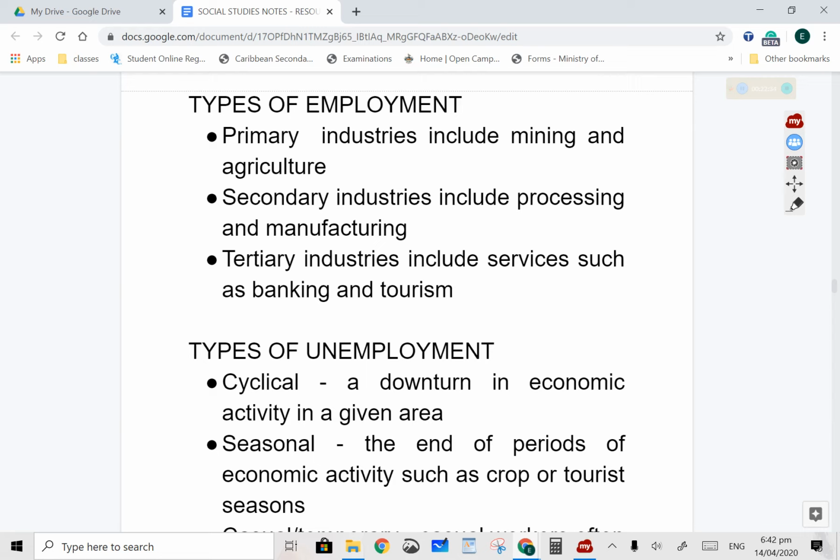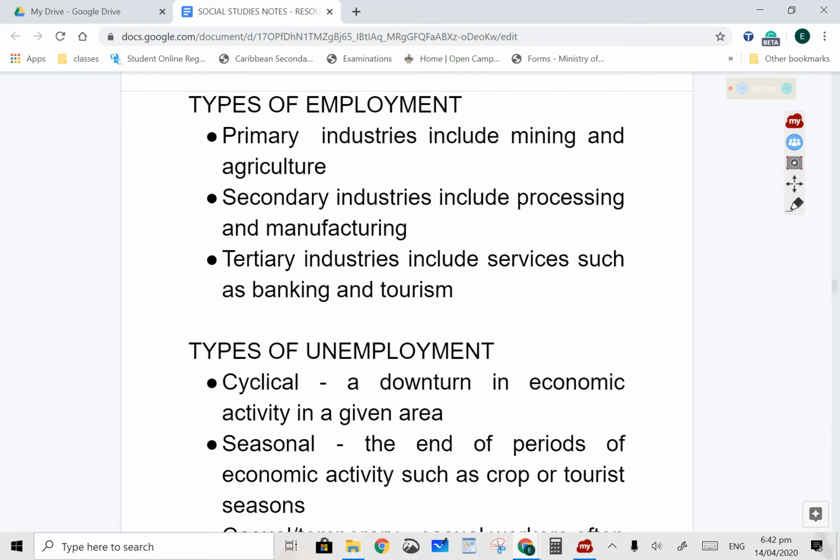Now, tertiary industries include services such as banking and tourism, and even selling the canned product, right? Like probably having a grocery, which is a service. Okay, so primary industry, if you take it with the same idea of the fish: primary would be catching the fish, secondary would be canning the fish, and tertiary would be selling the fish.